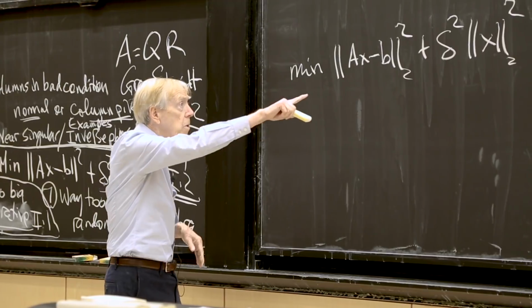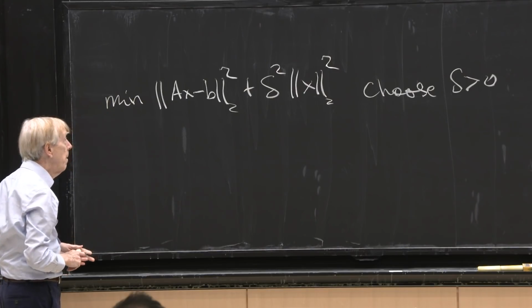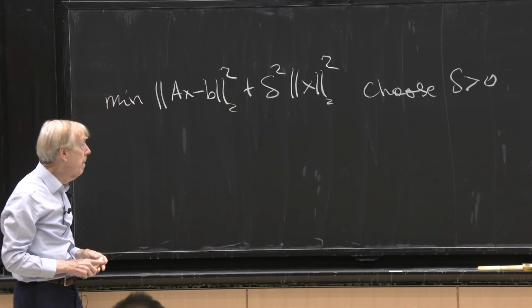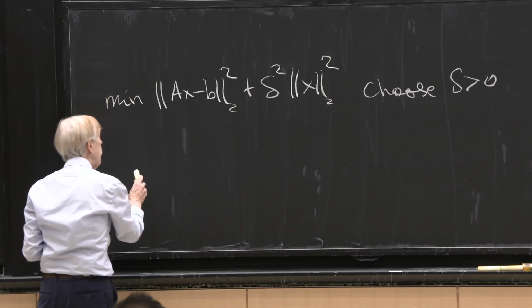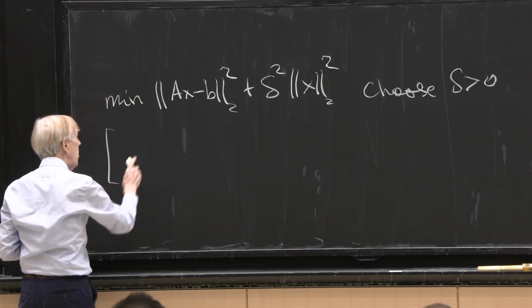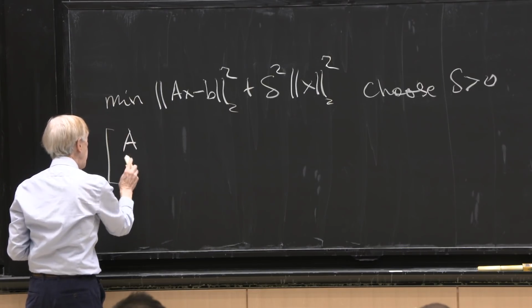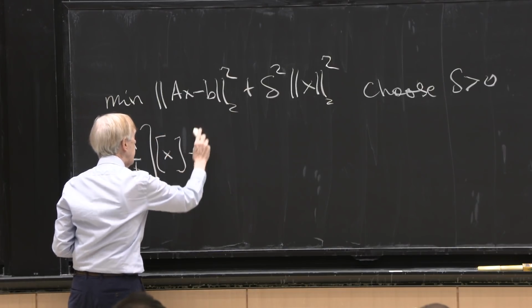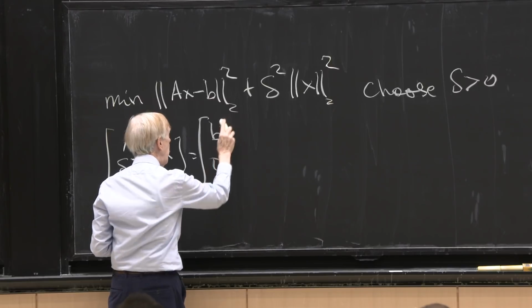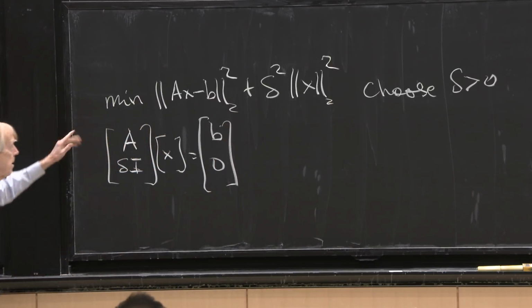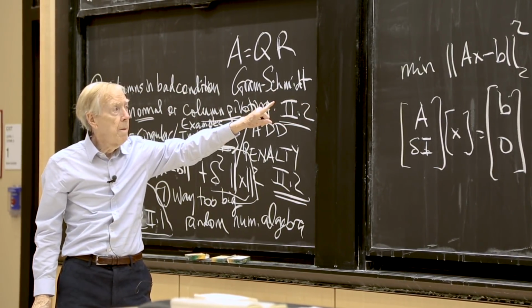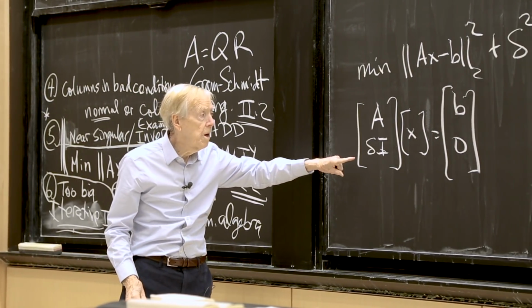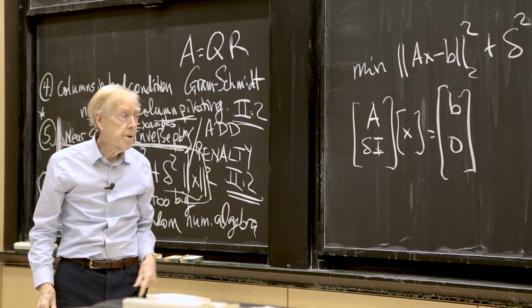In fact, what equation does that lead to? That's a least squares problem with an extra penalty term. If I write the equations [A; delta I] x equals [b; 0], maybe that is the least squares equation, the usual normal equation, for this augmented system.